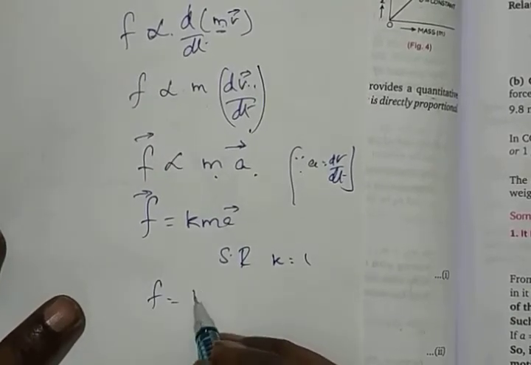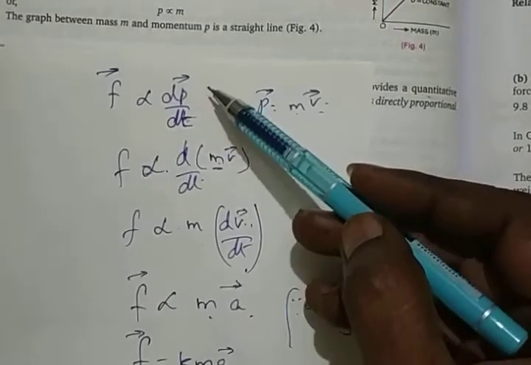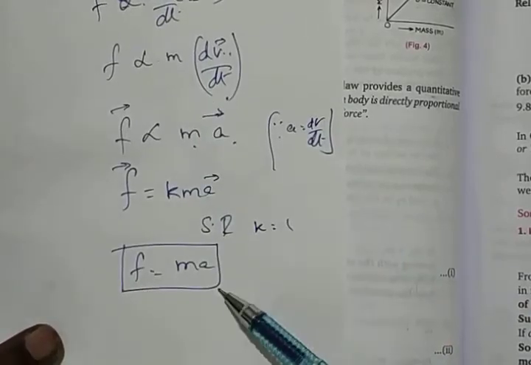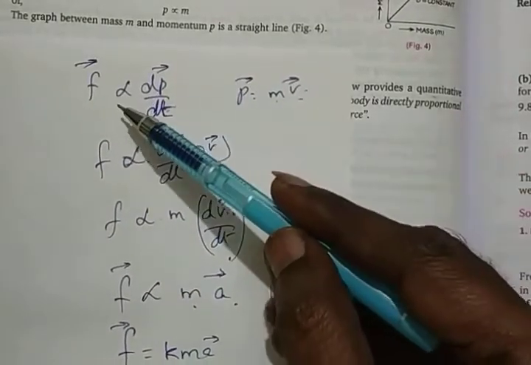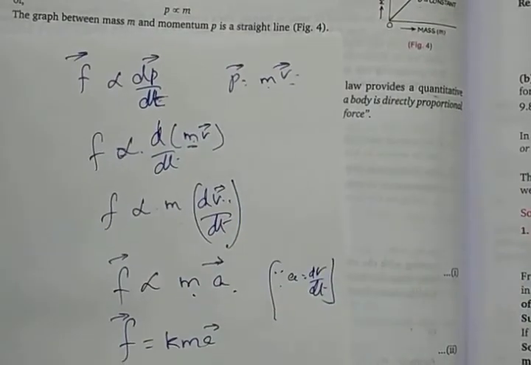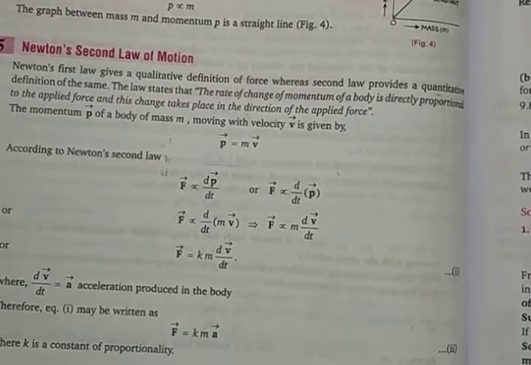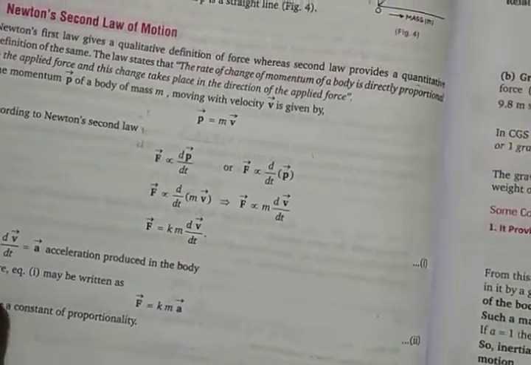So F is going to be equal to m into a. Mass into acceleration comes after this basic definition of F equal to dp by dt. We know force is equal to mass m into a, mass into acceleration. How does it come? It comes basically from the force being directly proportional to the rate of change of momentum. So you get here finally F is equal to k times m into a.